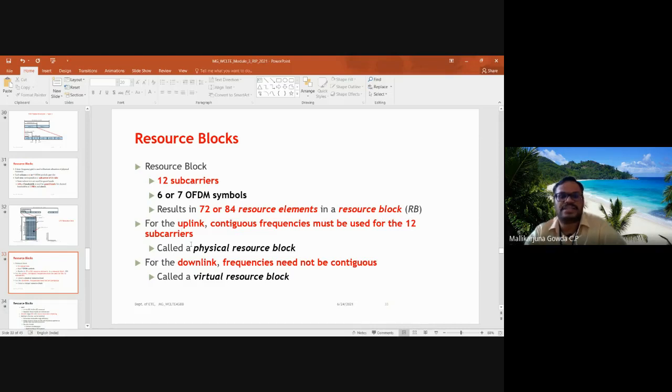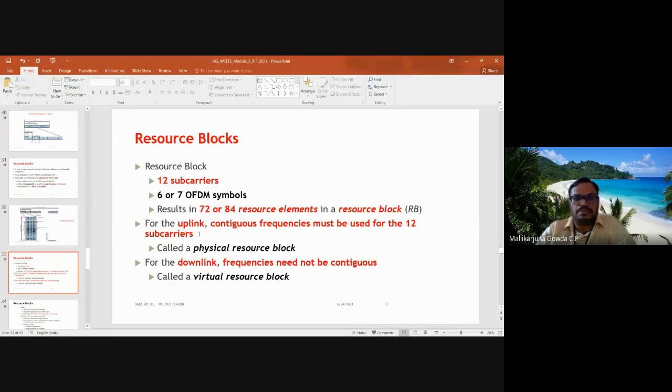Another thing is that for uplink there will be continuous frequencies, meaning continuous frequencies must be used for the 12 subcarriers. That we call a PRB, a physical resource block. And for downlink, the frequencies need not be contiguous. That we call a virtual resource block. I think these two are the catchy points you need to understand.